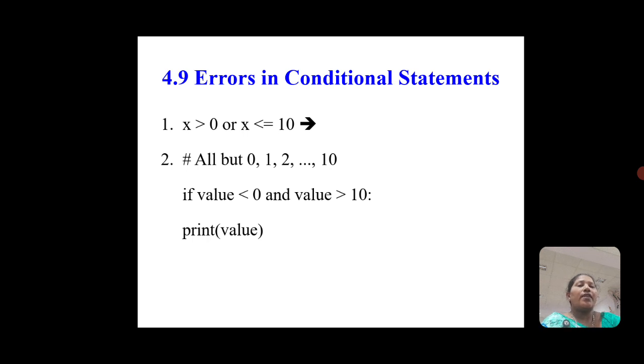If the left side value is false, it will not check the right side value. So while using this and or, you should be very careful, because it should be some range. The value cannot be less than 0 and greater than 10 at the same time. So these are some of the errors that can be made in conditional statements.